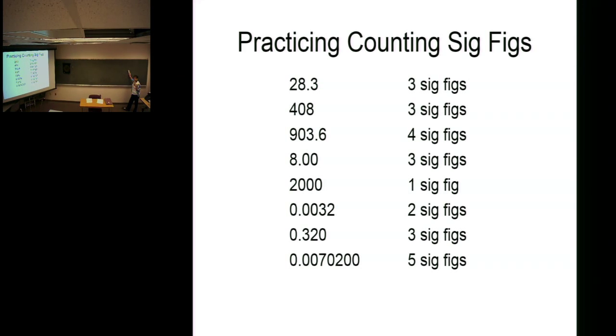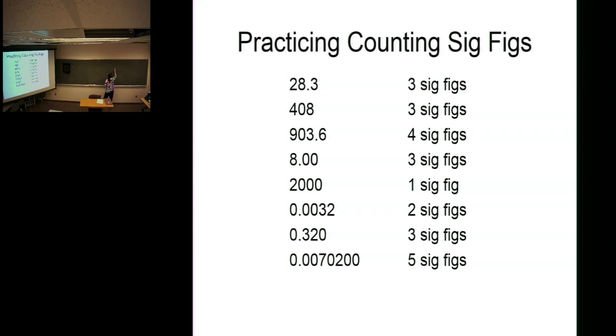Remember that, because there's something different going on with exact numbers. All right, let's do multiplying and dividing. If you are multiplying and dividing numbers, then your answer will have the least number of sig figs.